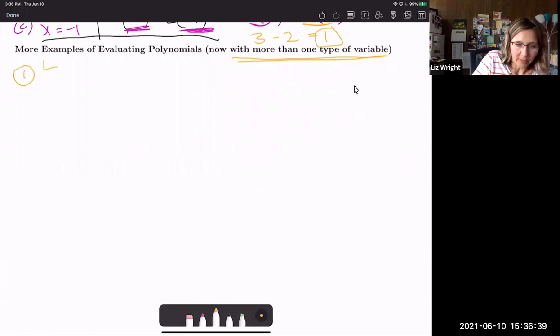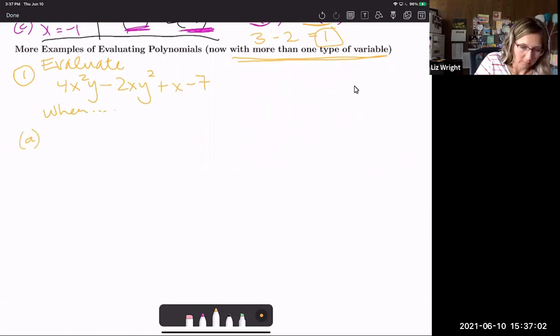We've got evaluate x squared y minus 2xy squared plus x minus 7. And it's going to be when part A, we've got x equals 3 and y equals -1.